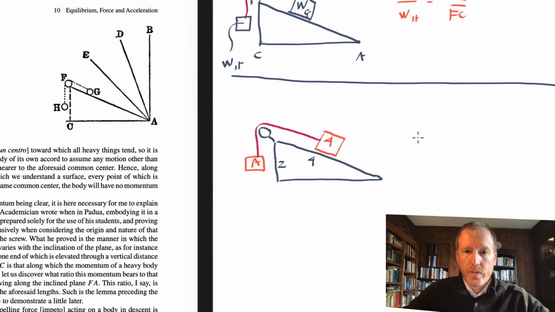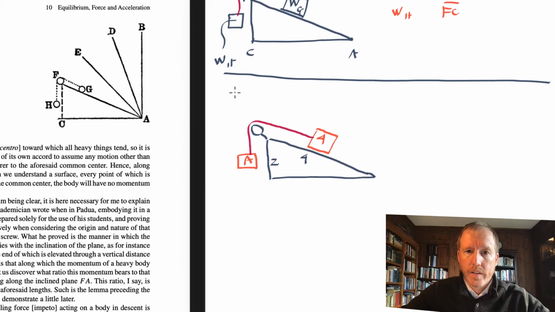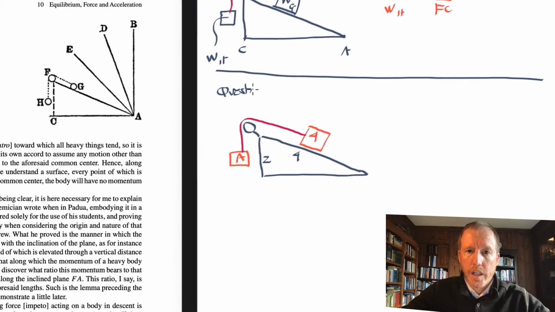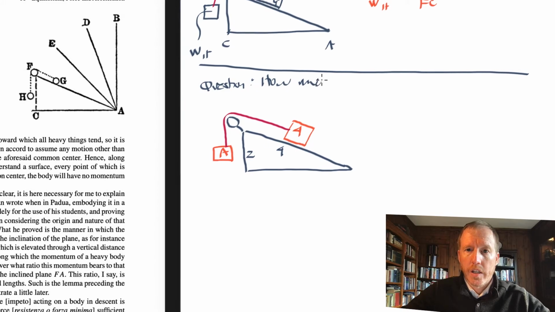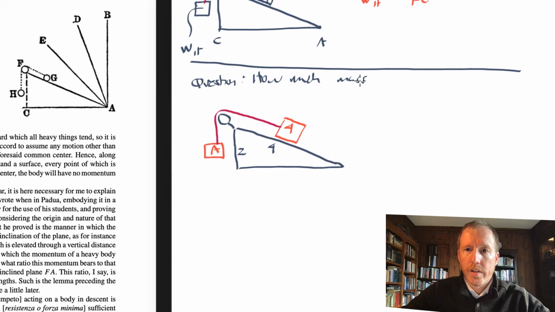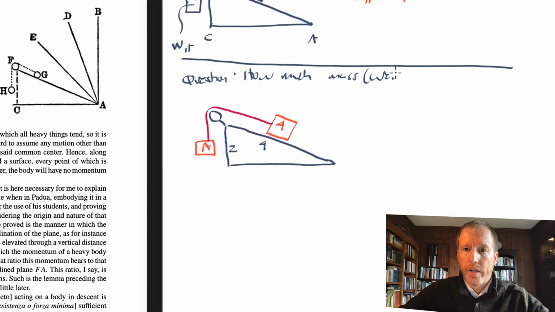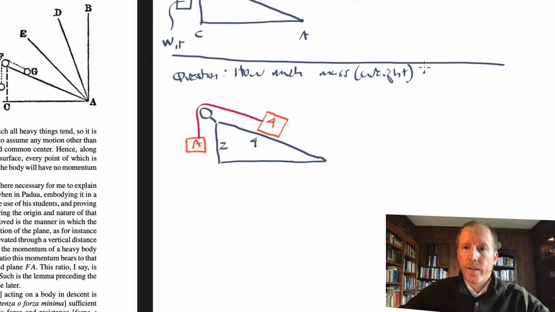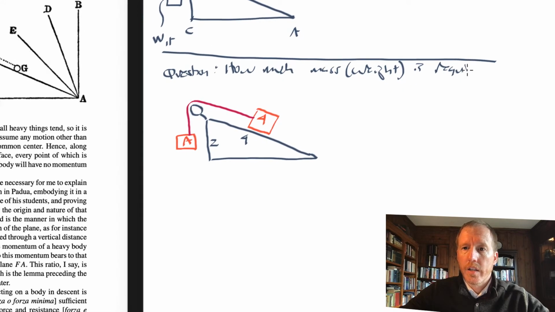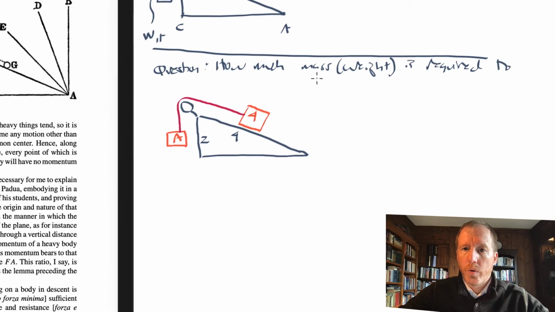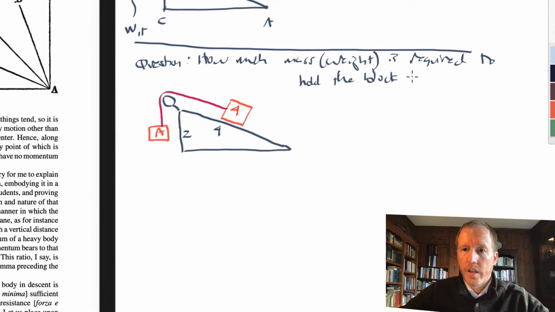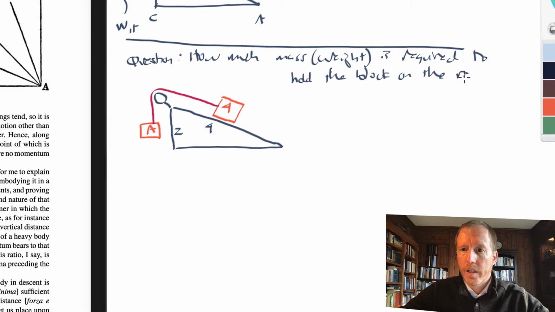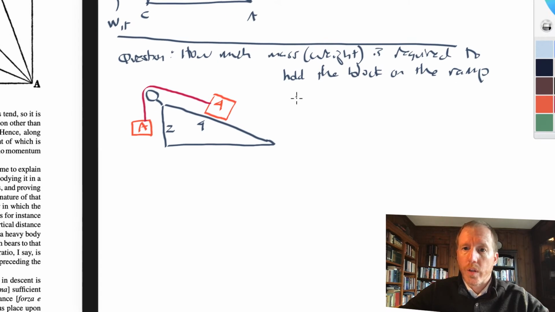Okay, so here's the question. How much mass, or weight, you might say, if we wanted to use weight instead, is required to hold the block on the ramp in equilibrium?